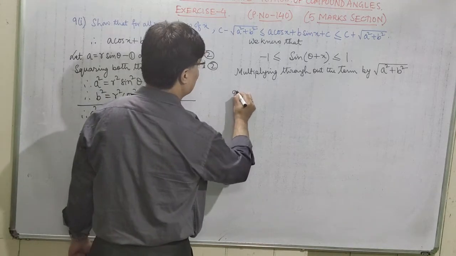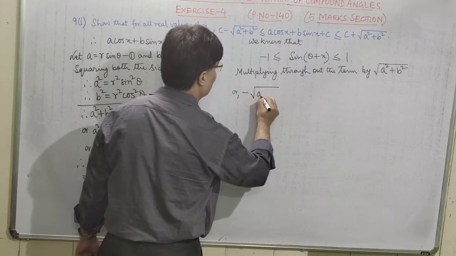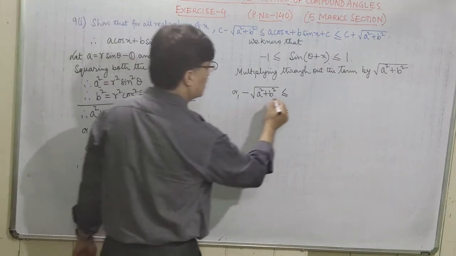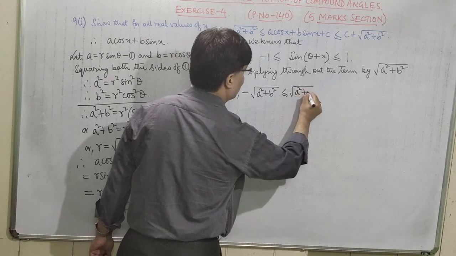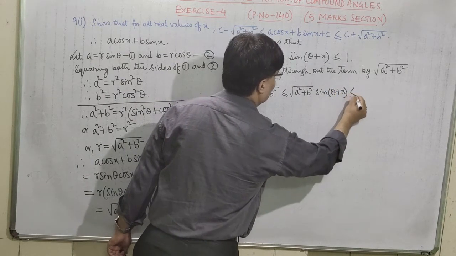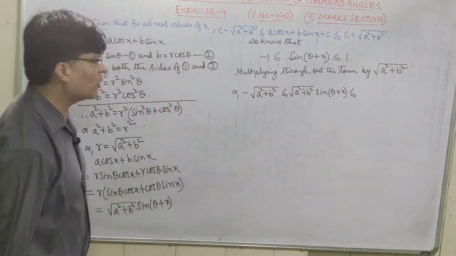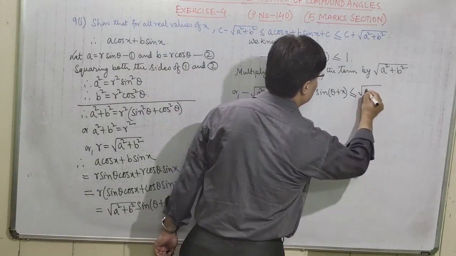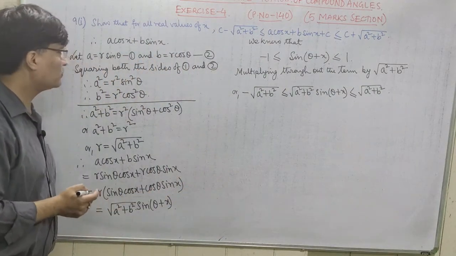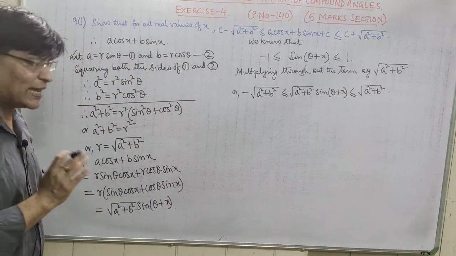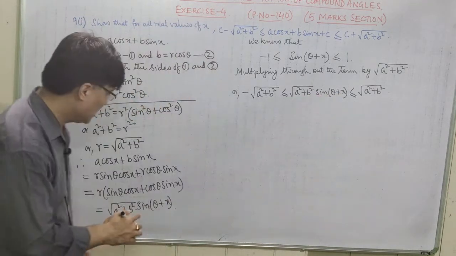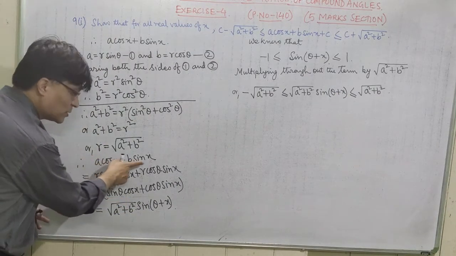So what do we get? Minus root over a square plus b square is less than or equal to, let us multiply the middle term, root over a square plus b square sine of theta plus x, then less than or equal to, again you have to multiply this one by root over a square plus b square. Is that clear now? So I think you have understood it. But actually, what is this root over a square plus b square sine of theta plus x? This is actually a cos x plus b sin x.